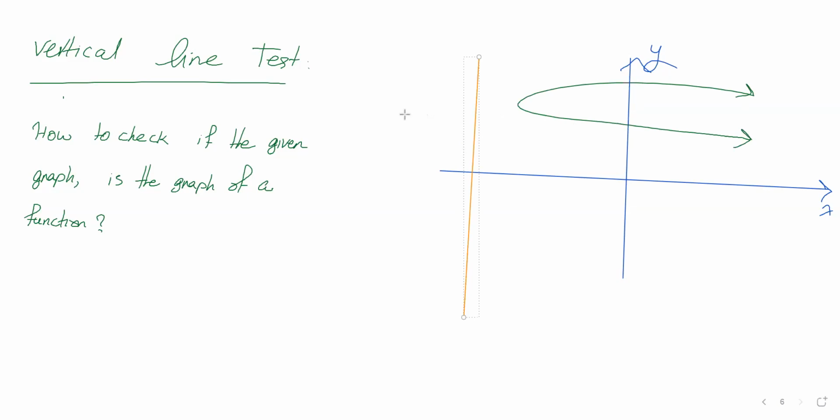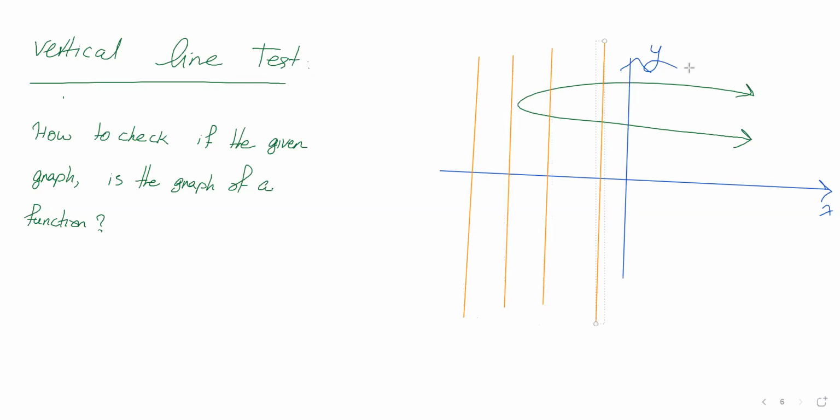Now I'm going to move this vertical line as much as I want to the left and to the right. If I move it to the left, nothing changes because my graph is to the right of this line. So let's keep moving this vertical line, making sure it stays vertical.